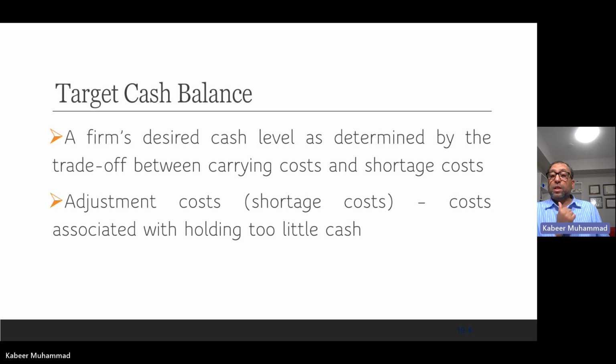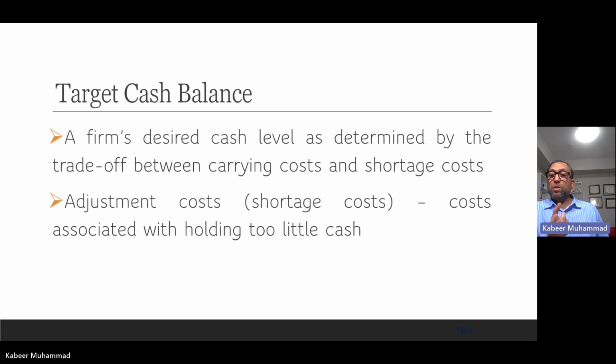That's the same again with inventory as well. If you are holding inventory, then you have to pay rent for the warehouse, you have to handle it, and you need human resources to handle those inventories. On the other hand, if you are not holding inventory, what is going to happen?